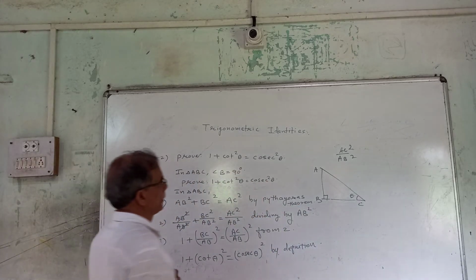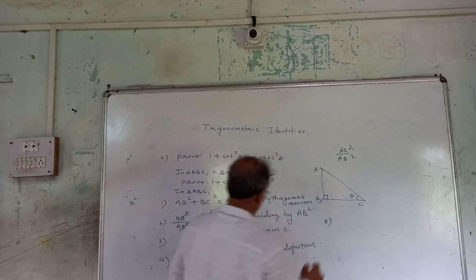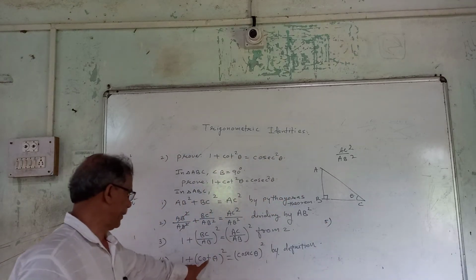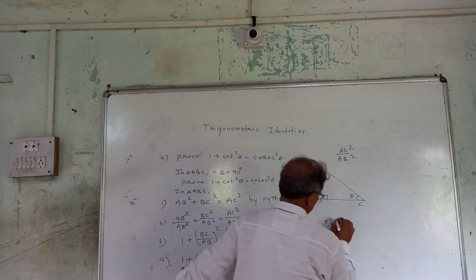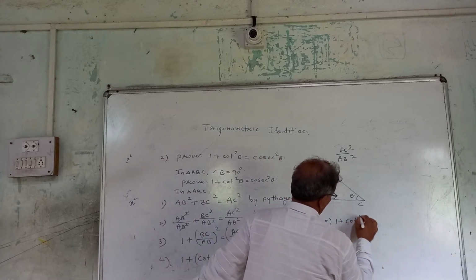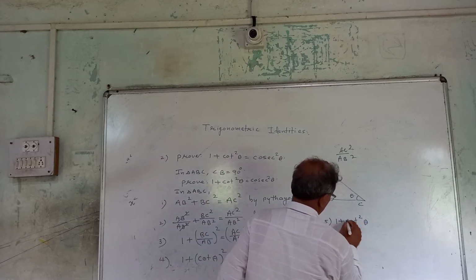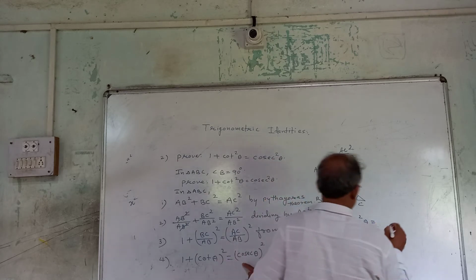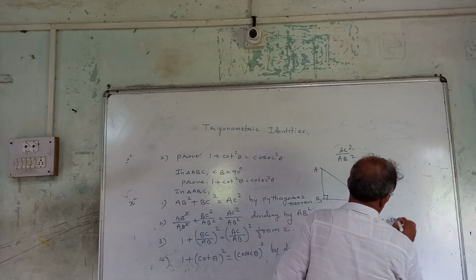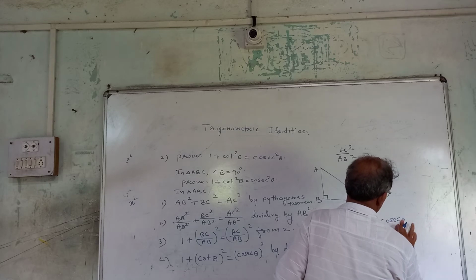So now the last statement we can write now. So bring this square inside. So 1 plus cot square theta is equal to, what is that? Cosec theta. Sorry, cosec square theta.